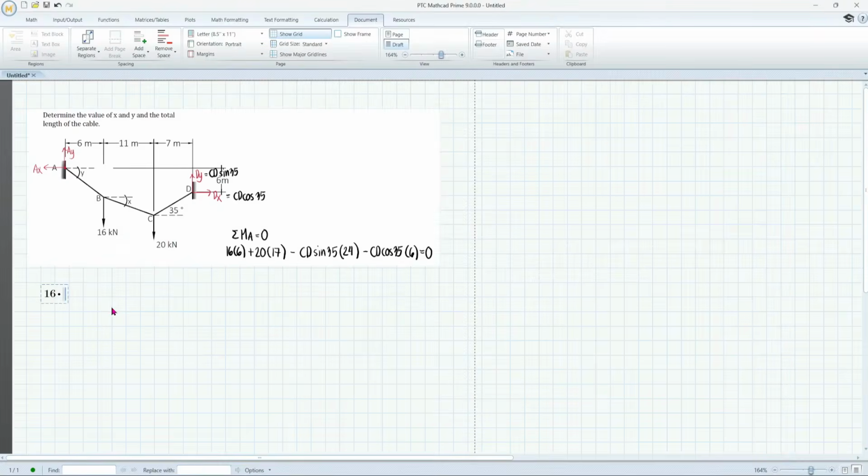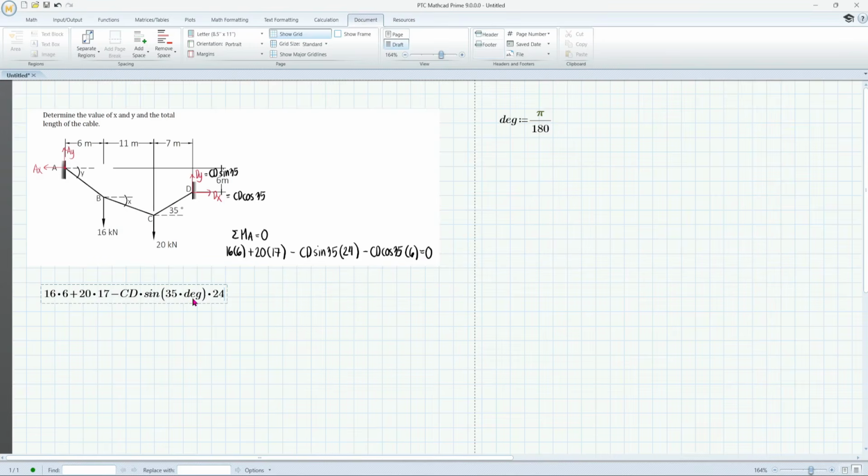So, we have 16 times 6 plus 20 times 17 minus CD sine 35. By the way, sa MathCAD, naka-radians yan by default. So, let us define degrees as pi over 180 para ma-convert natin. Ayan. Degrees.